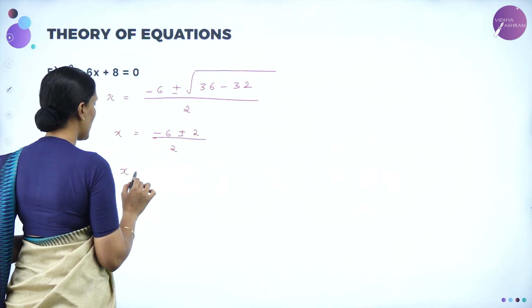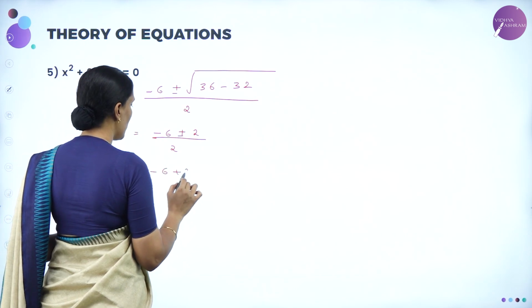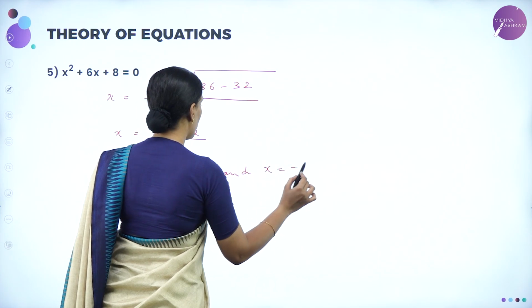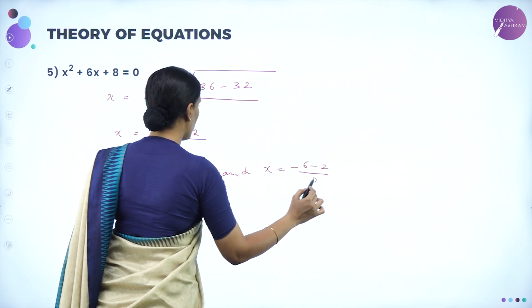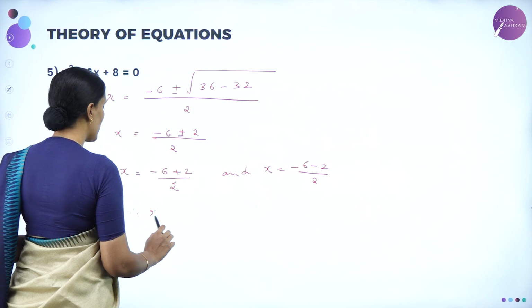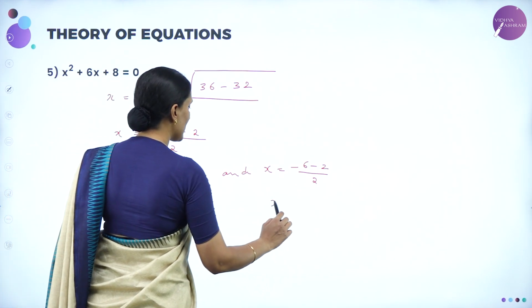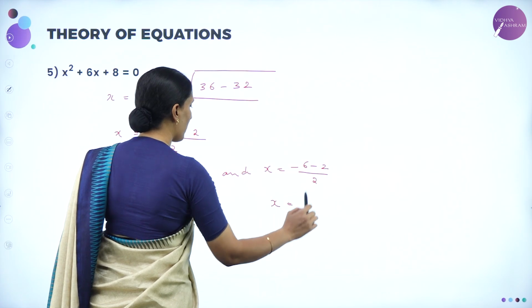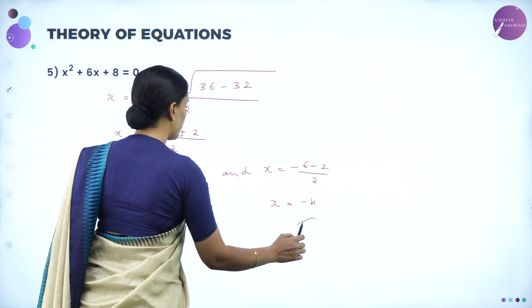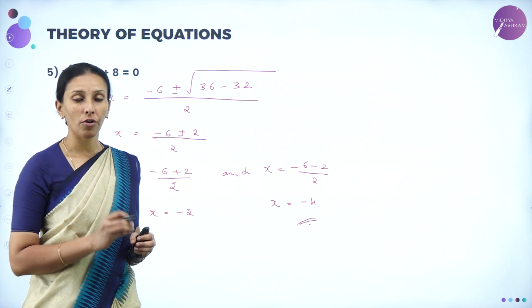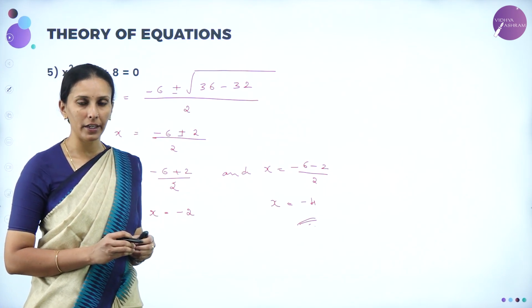So x can be taken as minus 6 plus 2 by 2, and x is equal to minus 6 minus 2 by 2. So therefore, x will be equal to minus 4 by 2, which is minus 2, or x is equal to minus 8 by 2, which is minus 4. So until now we have found the solutions, or the roots, of the quadratic equation.